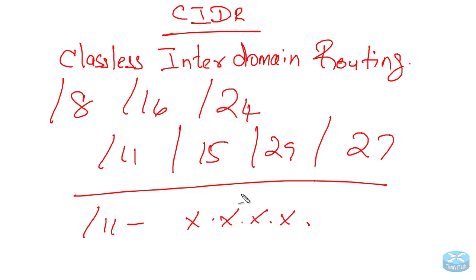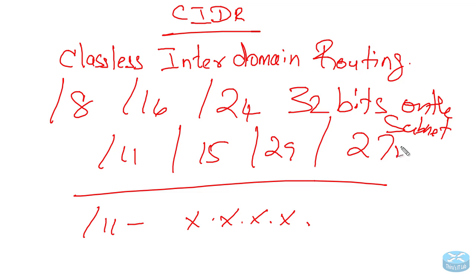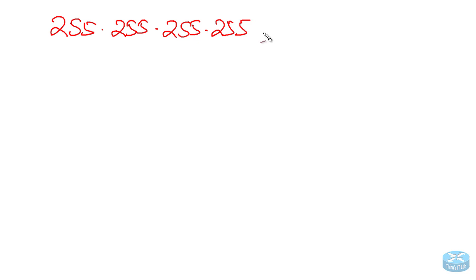But in order to do that, we need to know how many bits are on the subnet mask. Let's say an IPv4 has 32 bits on the subnet mask. An IPv4 subnet mask would be like this: 255.255.255.255.